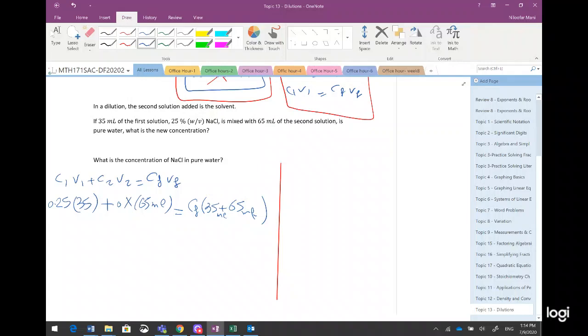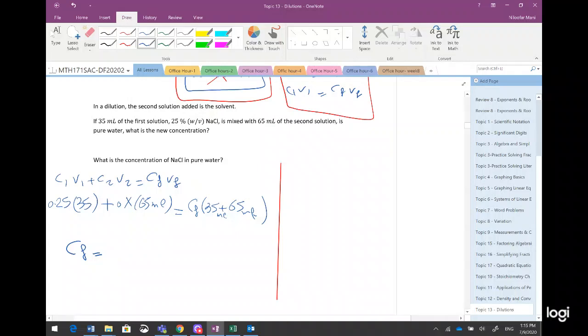Okay, so what is CF here? CF here is 0.25 multiplied by 35 divided by 100.